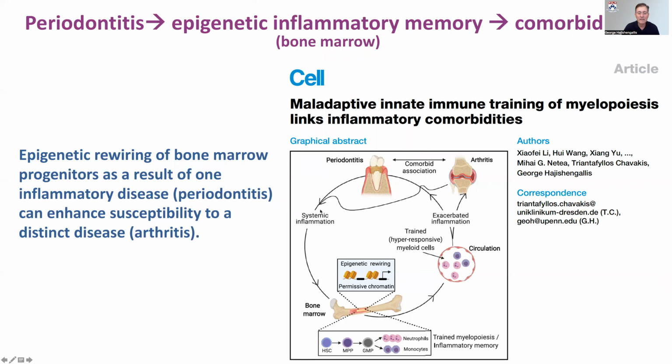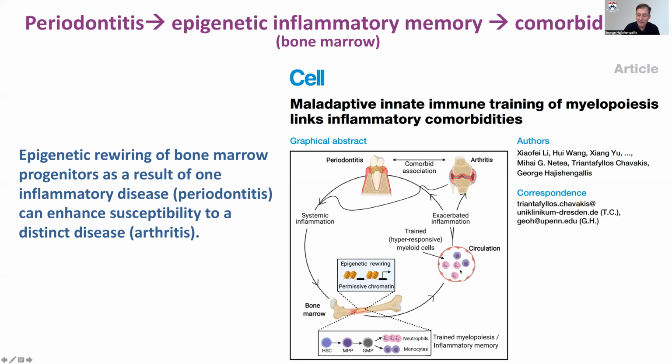And we have shown that systemic inflammation associated with periodontal disease causes epigenetic inflammatory memory in the bone marrow, which leads to hematopoietic stem cells being trained in a manner that they acquire a myeloid differentiation bias, leading to increased production of myeloid cells with increased inflammatory responsiveness.